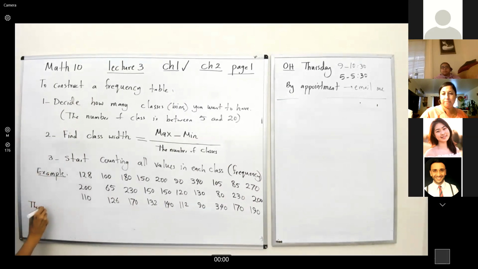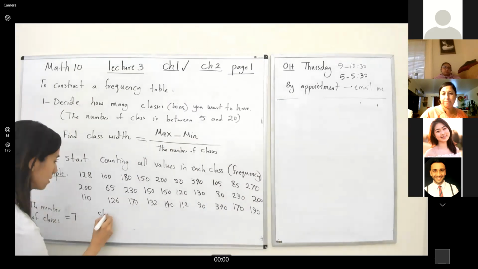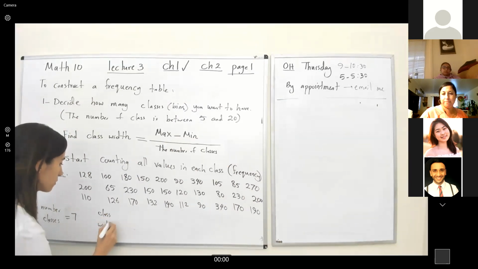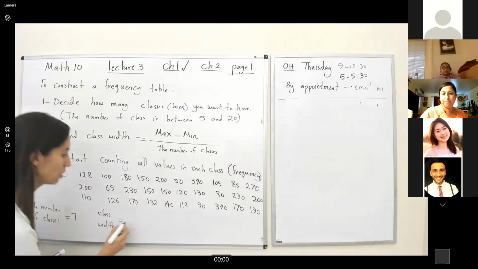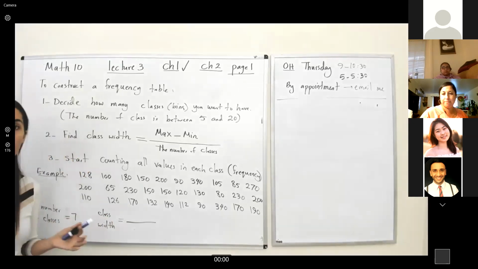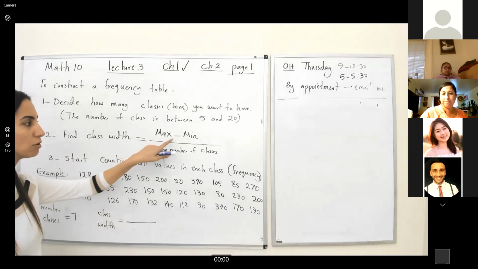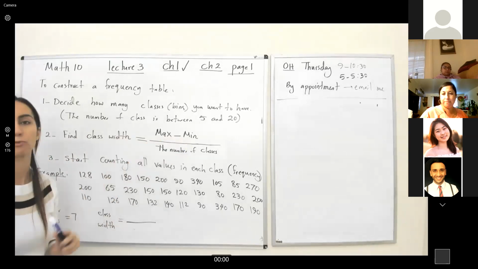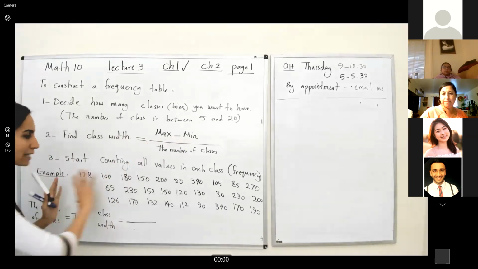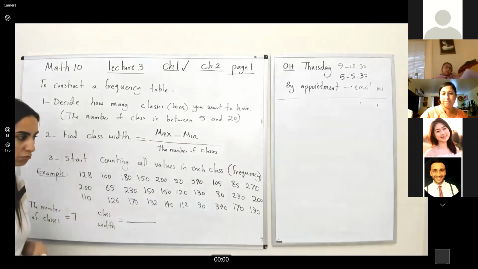So the number of classes is equal to 7. My class width is equal to, I have a numerator, I have a denominator. On my numerator, I need to find the maximum value and the minimum value and subtract. So what's the maximum value in this collection?